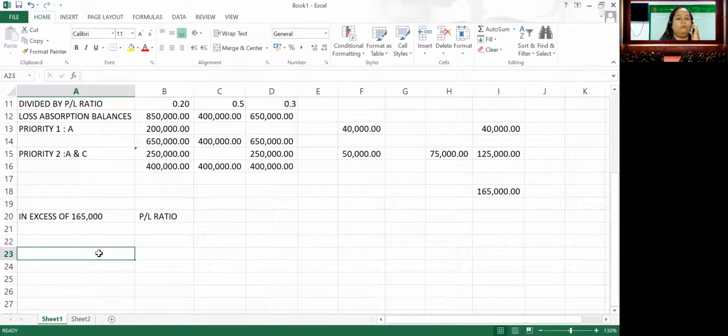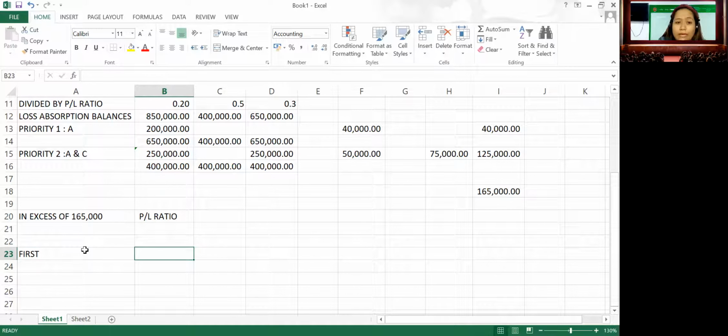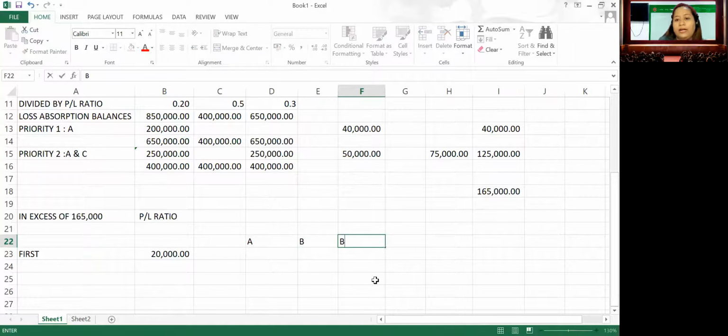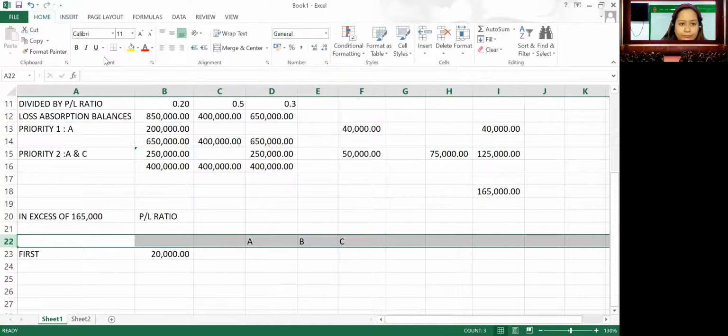Let us assume na sa first distribution, ang available na pera for first distribution ay 20,000. Okay? So, identify natin. Kanino ibibigay yung 20,000 na yan? Kay A ba? Kay B ba? Or kay C? And the question is, magkano ang ibibigay sa bawat isa?